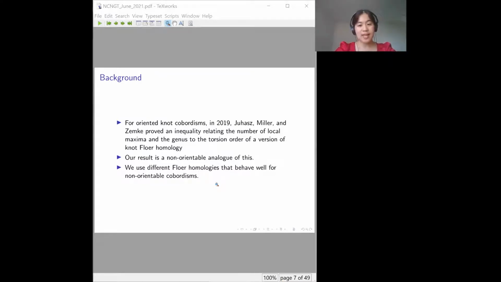We'll be using slightly different versions of Floer homologies to theirs because we're choosing ones that behave well for non-orientable cobordisms. So we'll be using a version of knot Floer homology and a version of instanton Floer homology that behave well for non-orientable cobordisms.